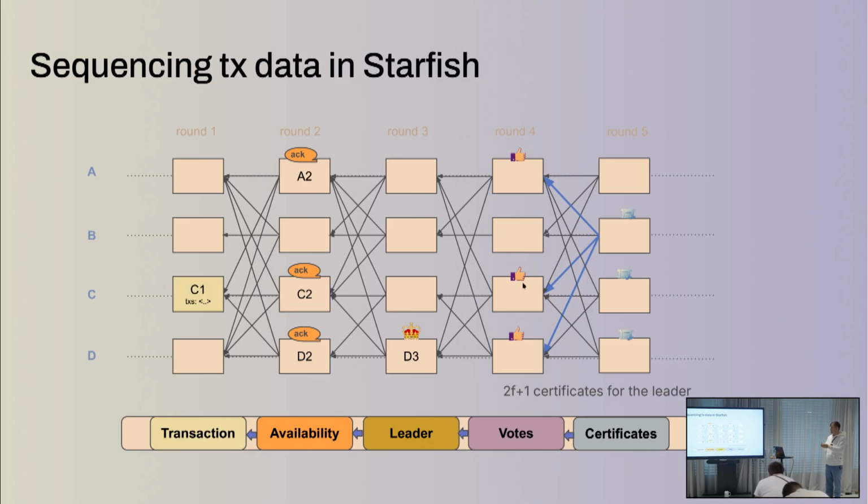In this case, if you have so-called certificates on the DAG, then you can commit the leader block, and you can finally sequence the transaction. So it takes that many rounds just to commit the transaction.